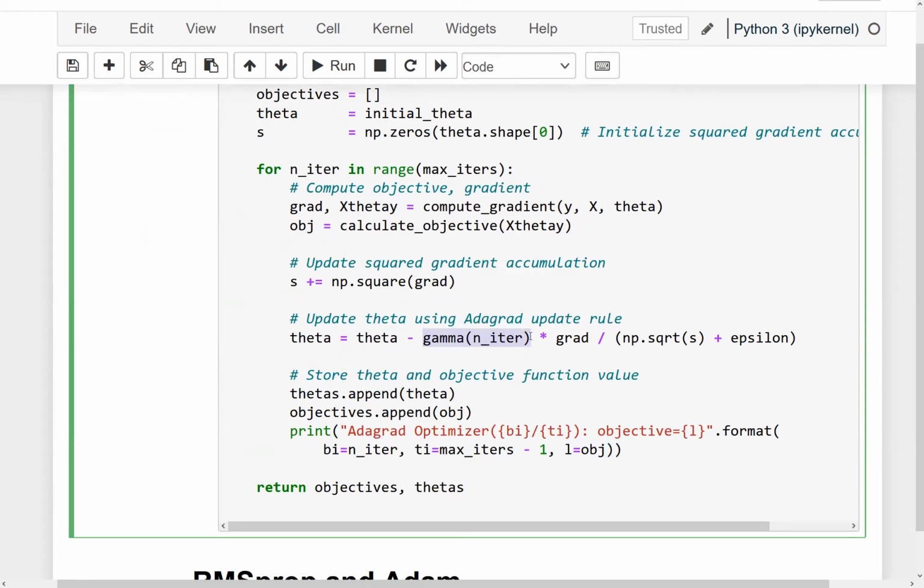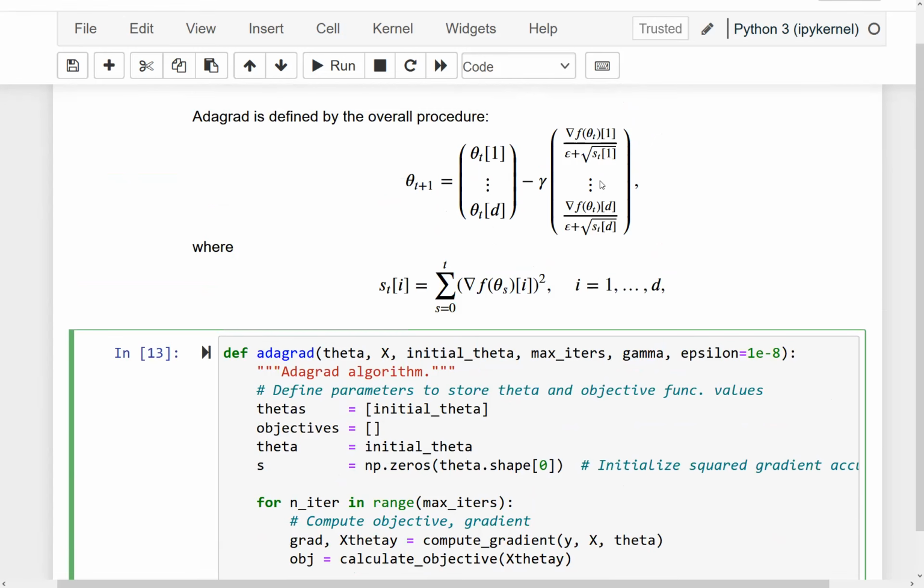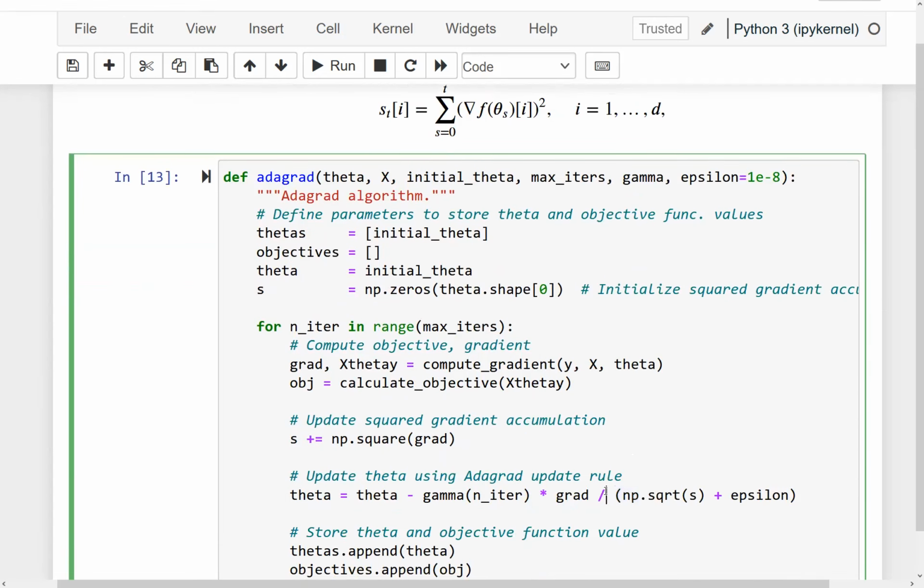It's again a functional parameter as we had it before. You multiply here with the gradient, and thanks to the component-wise comprehension from Python, if you divide a vector by a vector, it's doing exactly the component-wise division, multiplication, however you want it. We want here the division.